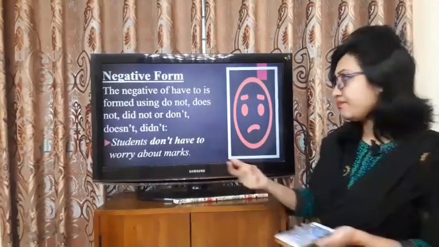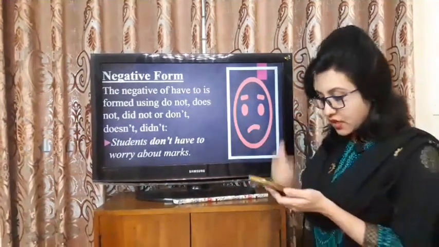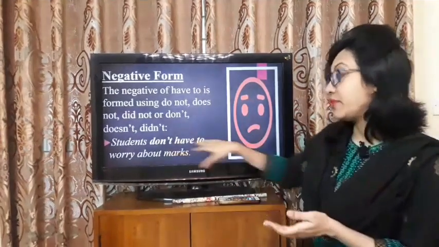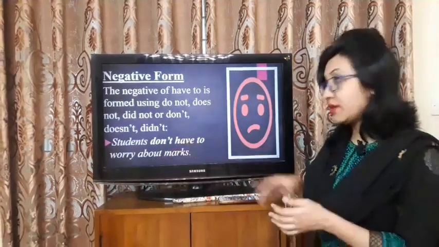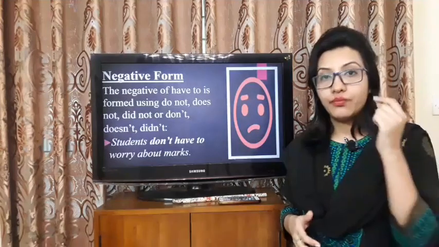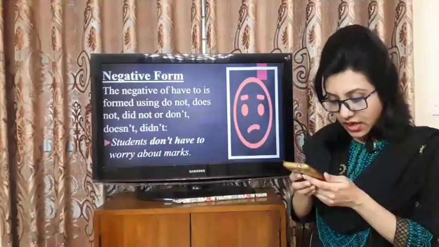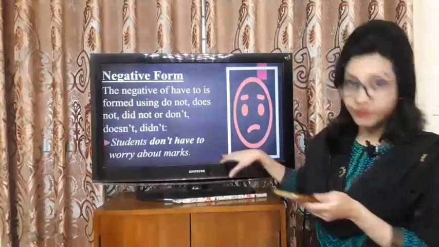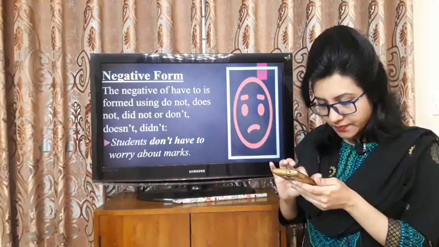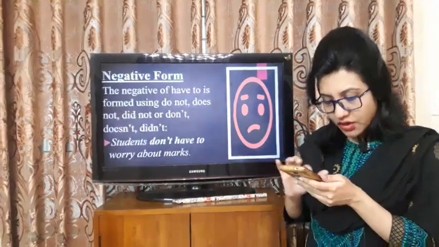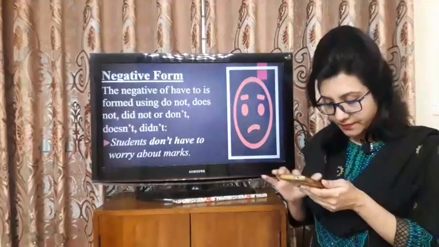But if I say someone's name, for example Yusuf Ahmed, so if I write Yusuf Ahmed, we will write Yusuf Ahmed doesn't have to worry about marks. So if third person is singular number, we are going to write doesn't have to, otherwise we are going to write don't have to. I hope you're clear. Which topic is the class on? We are talking about special use of words and words or phrase.